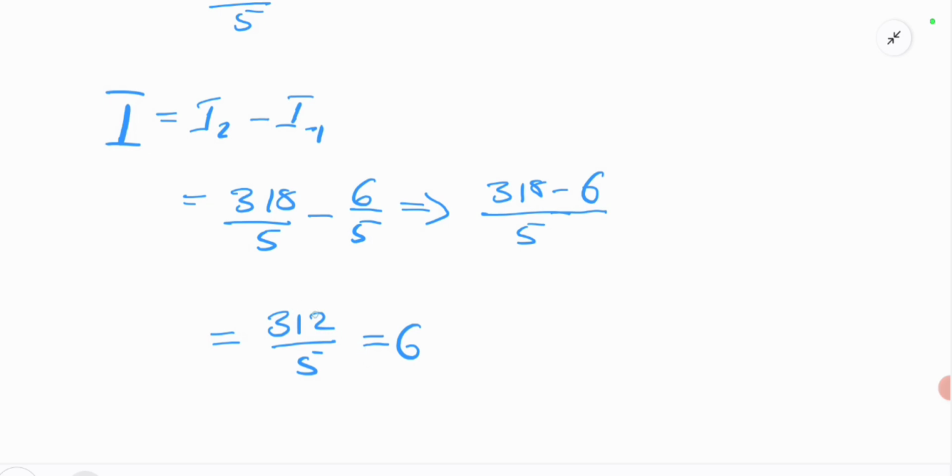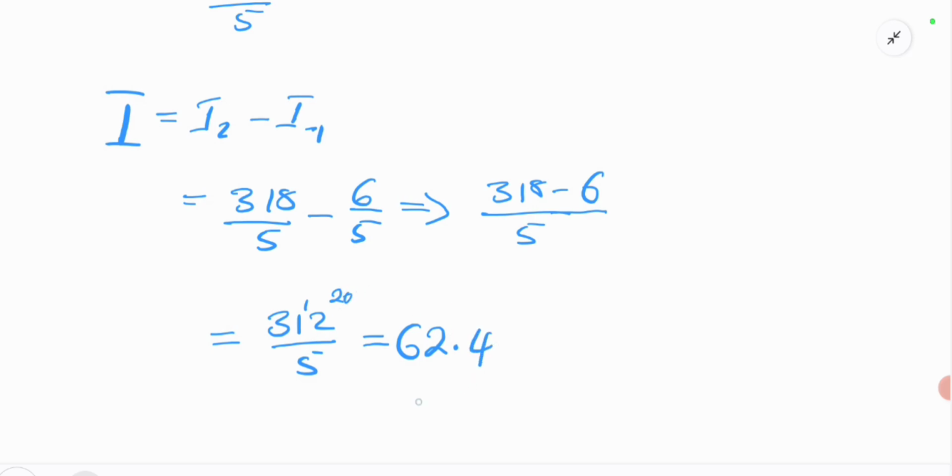So if we divide this, 5 into 31 is 6, remainder 1. I put 1 on the 2, so it becomes 12. 5 into 12 is 2, remainder 2. So I'll write my remainder 2 here. 5 into 2 can't, so I put a point there and a 0. 5 into 20 is 4.